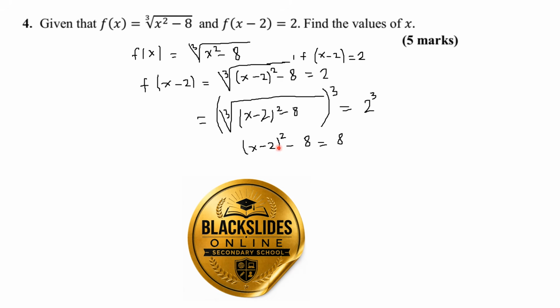Now, having reached this point, if you take minus 8 to the right hand side, you have left x minus 2 to the power 2 is equal to 8 plus 8.